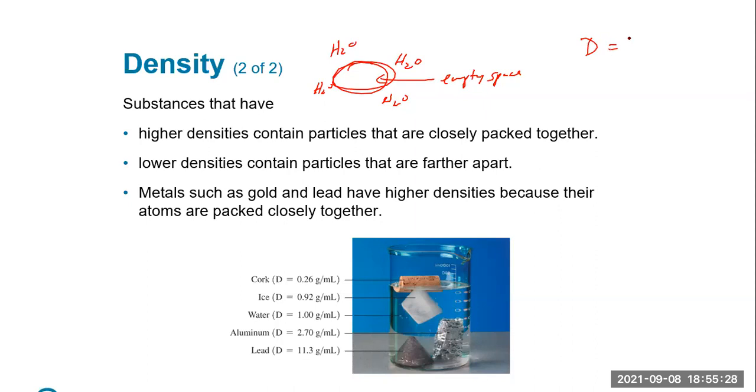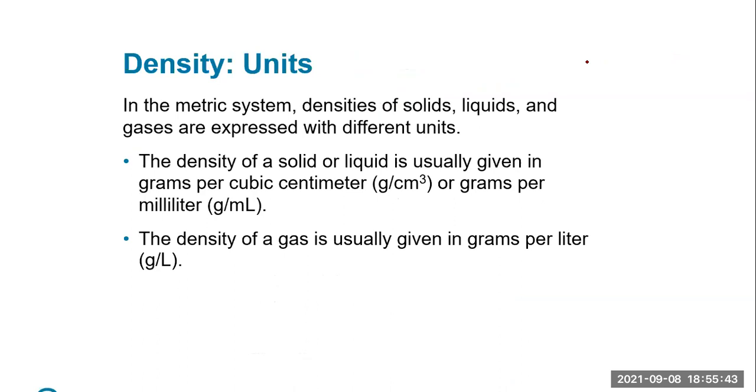If you think about what density is, mass divided by volume, all that empty space increases the volume part of the calculation, which means a smaller number on top divided by a larger number gives me a smaller density value. And that's why we see a smaller value for density in something like ice.